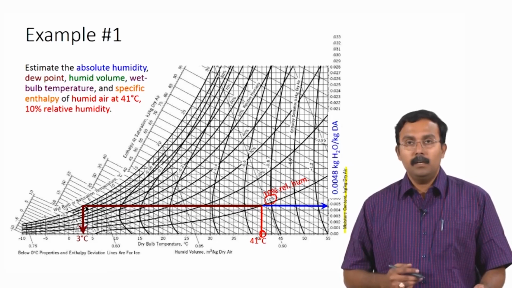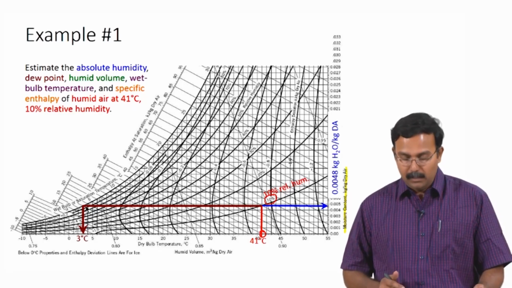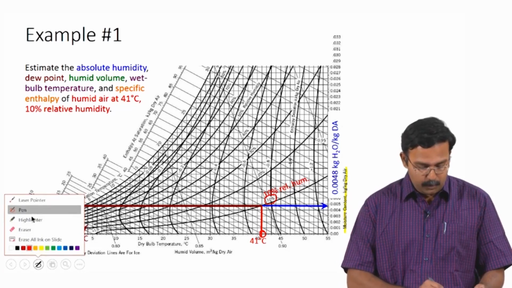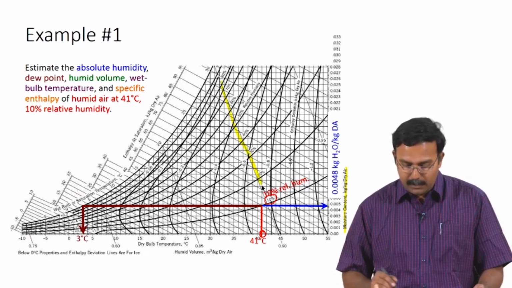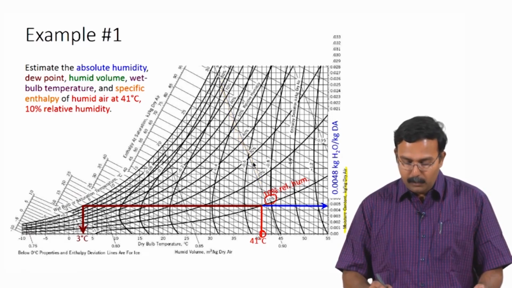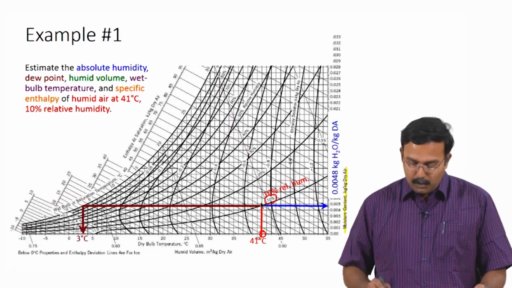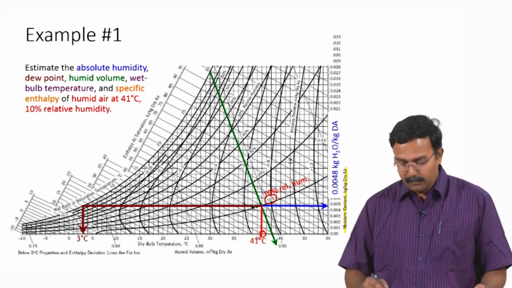Now, the next aspect we need to identify is the humid volume. If you remember, humid volume can be identified using one of the slanting axes. These slanting axes can be used to identify the humid volume. We need to draw a line through this point, parallel to this axis, which is what I have done here.